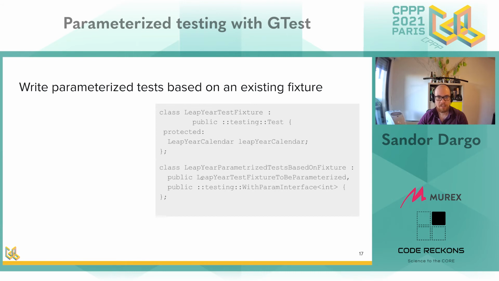So here you would inherit from this LeapYearTestFixture, what you have on the top. And then the second class to inherit from is this testing::WithParamInterface. So before it was testing::TestWithParam, now we inherit from WithParamInterface, where we pass the type to be parameterized. So why do we do that?